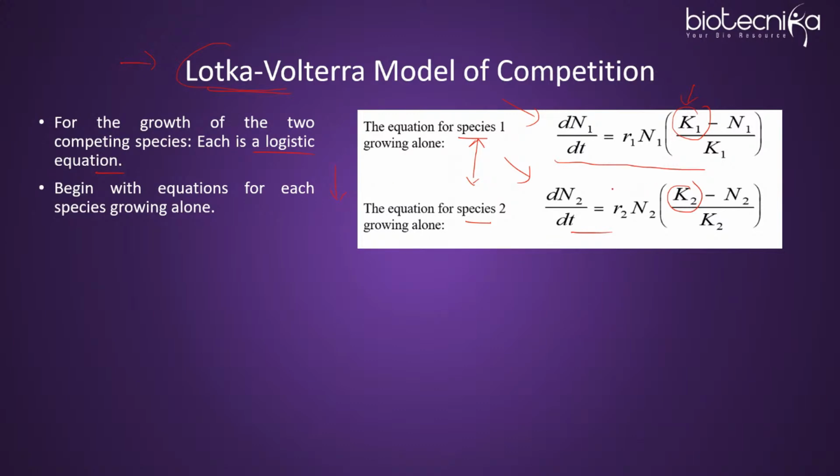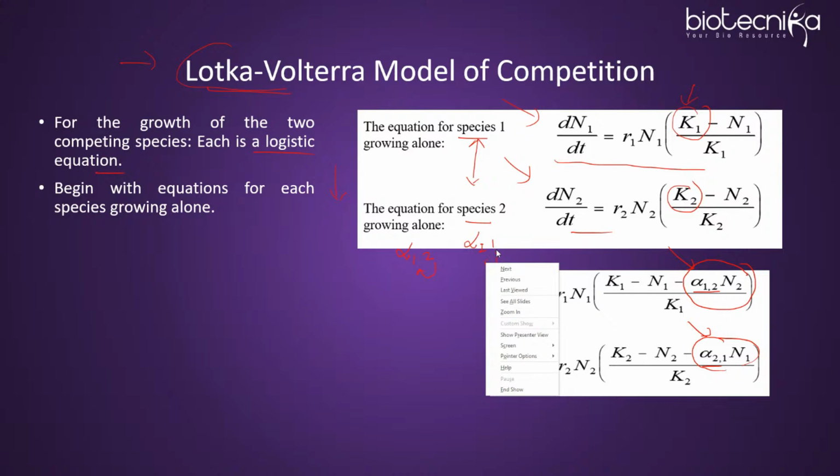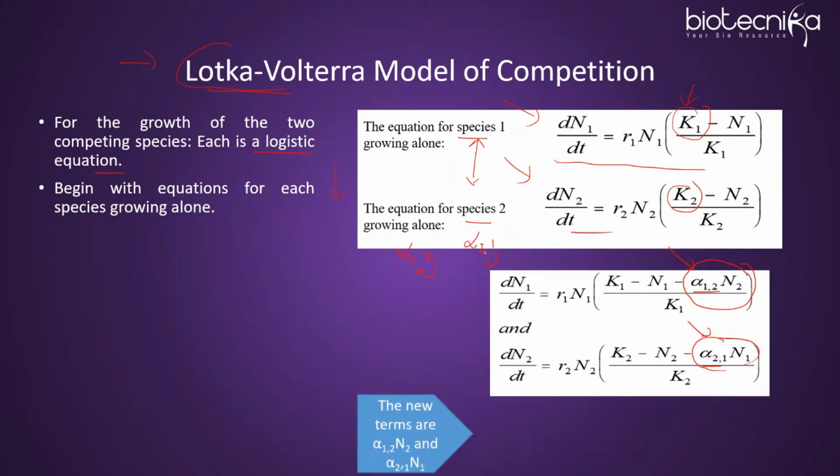Now let us look at the next step. I am going to modify these logistic equations by incorporating some extra terms, and these terms include some coefficients: alpha 12 and alpha 21. Alpha 12 explains the influence of species 2 over species 1, and alpha 21 explains the effect of species 1 over species 2.